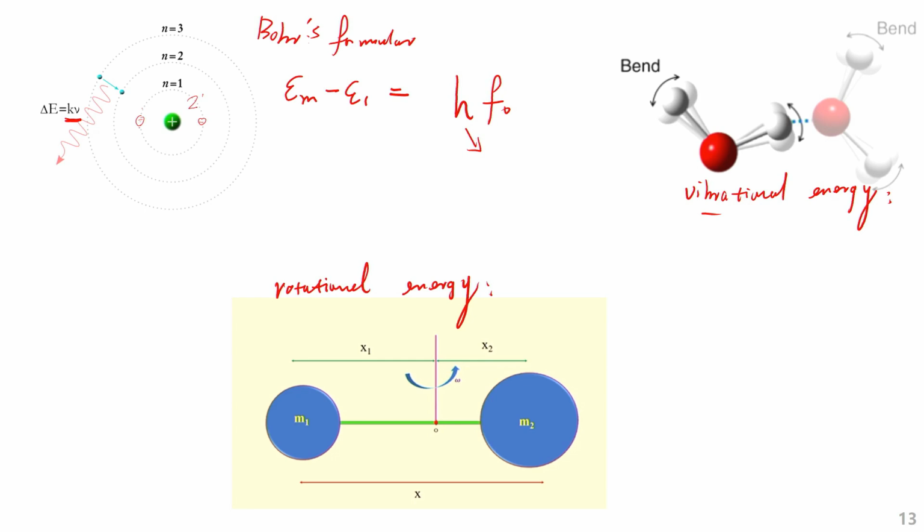According to quantum mechanics, there are also vibrational energy levels and rotational energy levels. When it moves from one vibrational energy level to another, it corresponds to energy inside our infrared region.